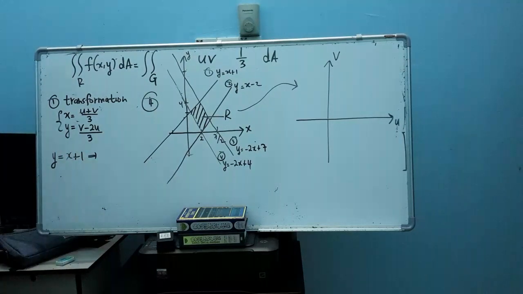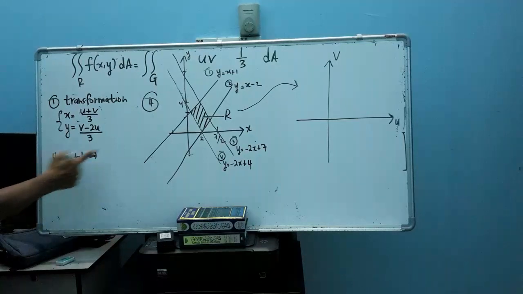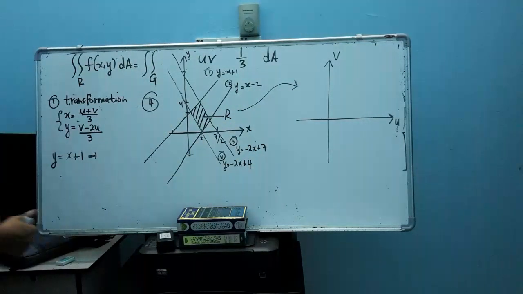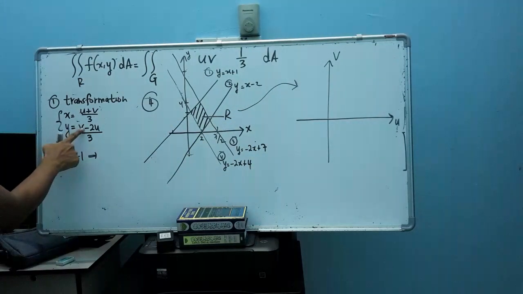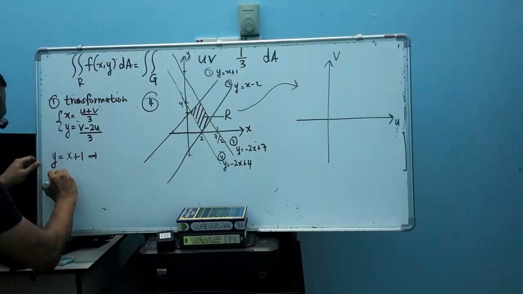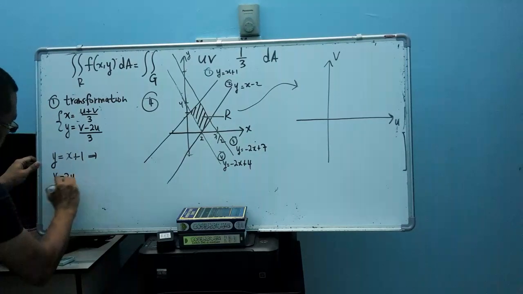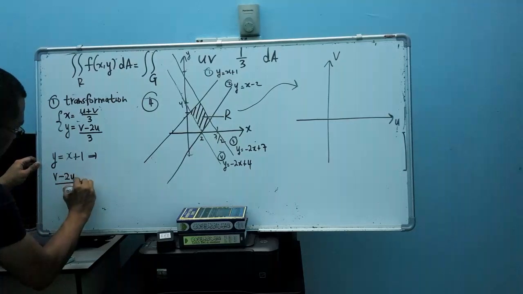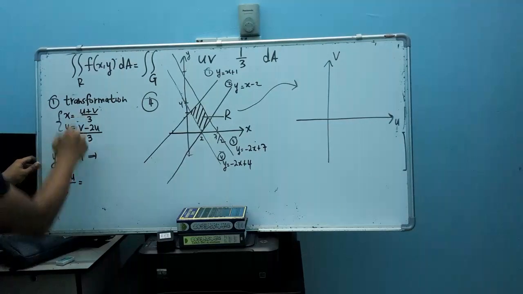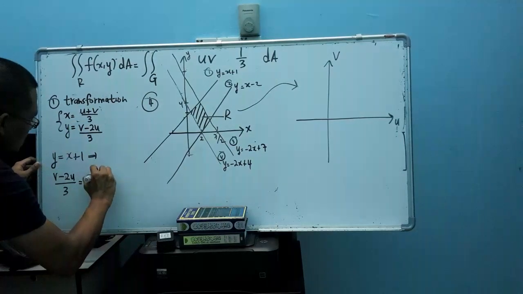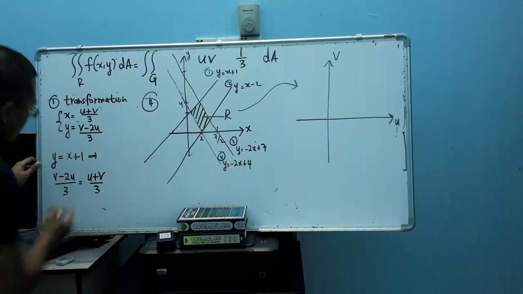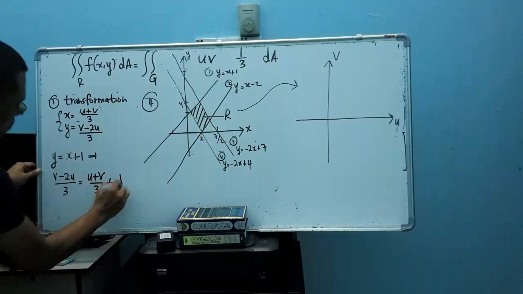So where is my x here? My x here will be u plus v over 3, and then plus 1.